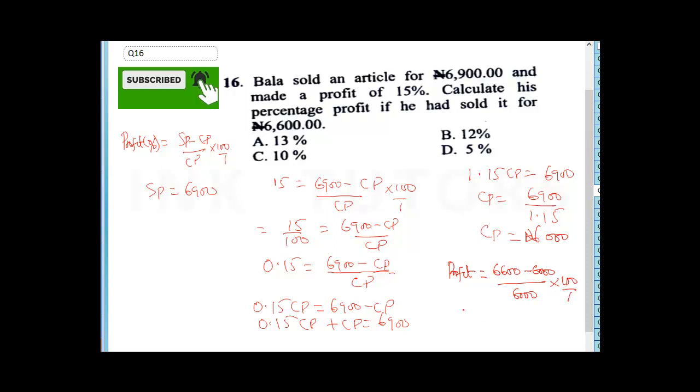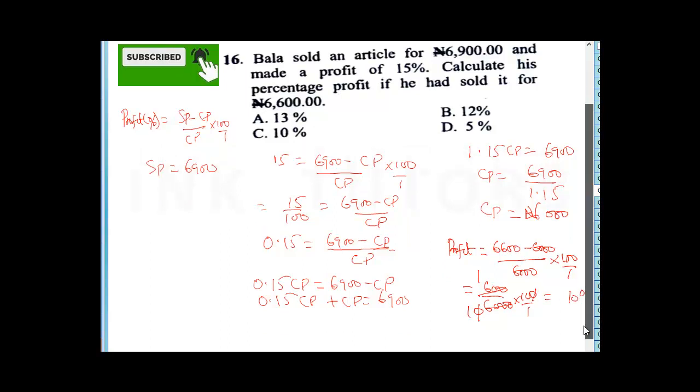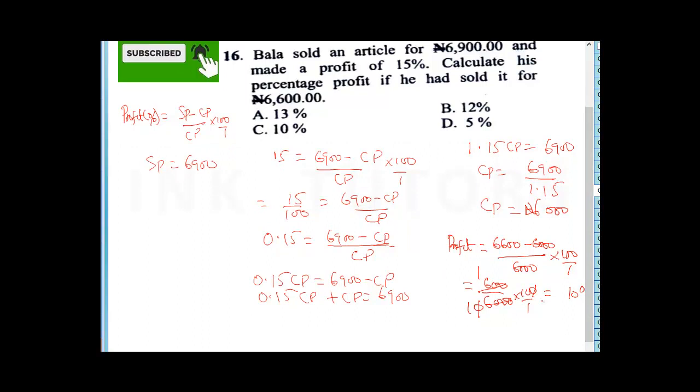Now this will give us 600 over 6,000 times 100 over 1. 600 here is 1, 600 into here will give us 10. 0 cancels 0, that means our profit is 10%. So although it's a long question, you can crack it once you establish your percentage formula for calculating your profit.